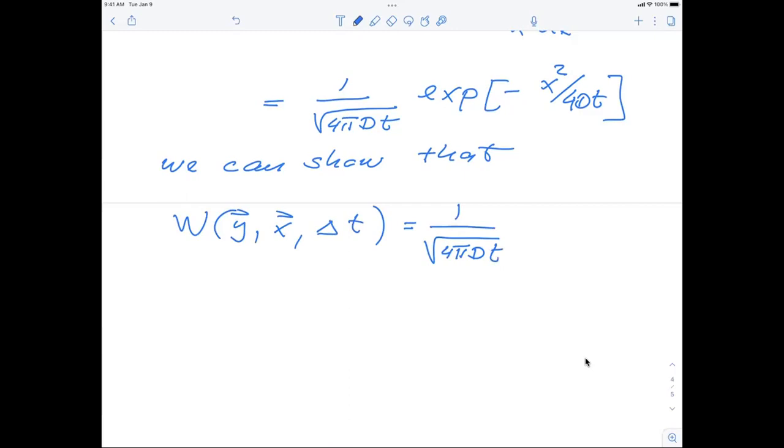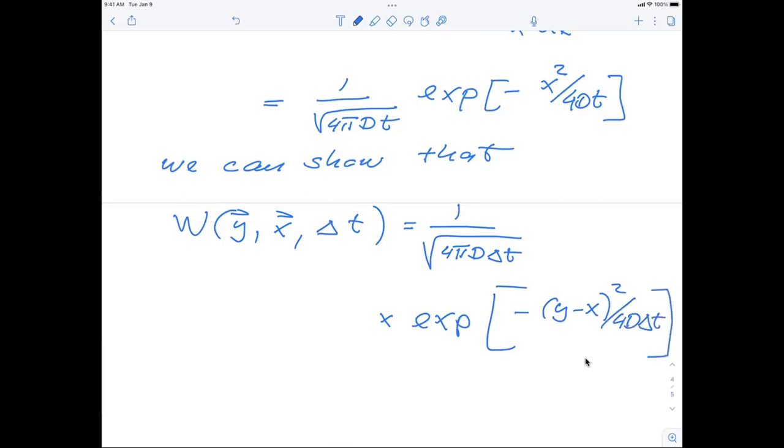And this is multiplied with delta t. And multiplied with the exponential. And then we have a minus of y minus x squared divided by 4 d times delta t.